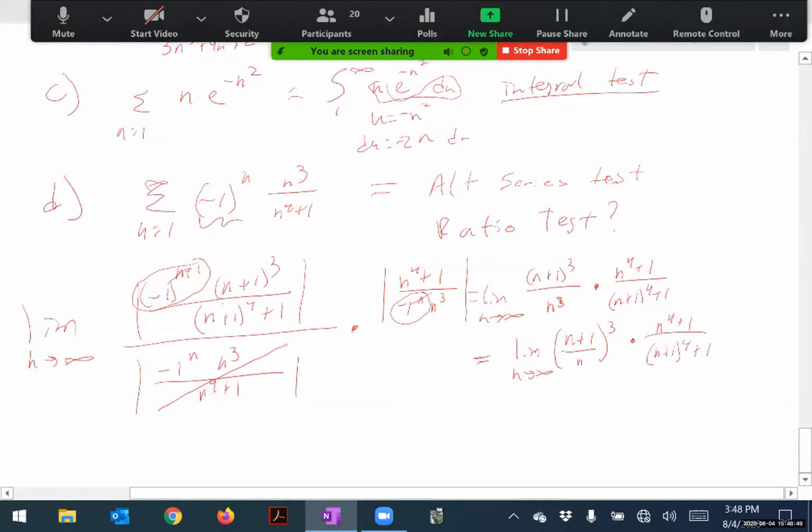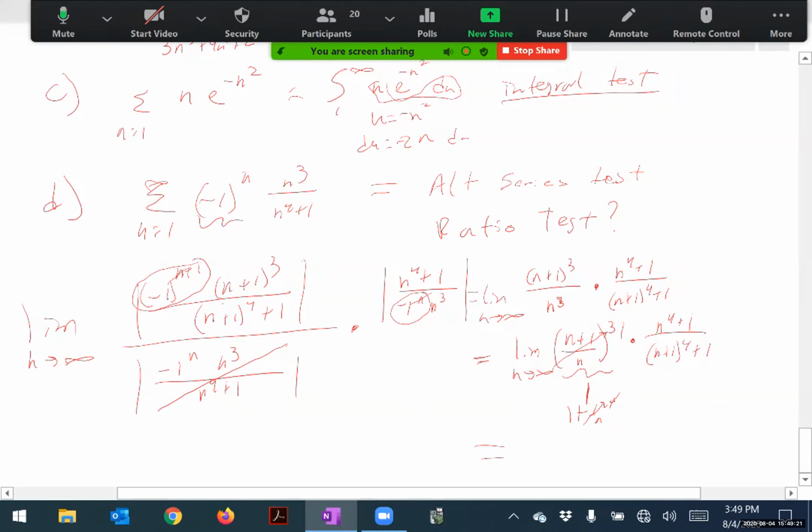I should be able to convince you that the first part is going to go to 1. Is everybody okay with that? Because that's just going to be 1 plus 1 over n, and this thing's going to go to 0. And so 1 plus 0 is 1. Does that make sense? So that's going to go to 1, and then 1 cubed is just 1.